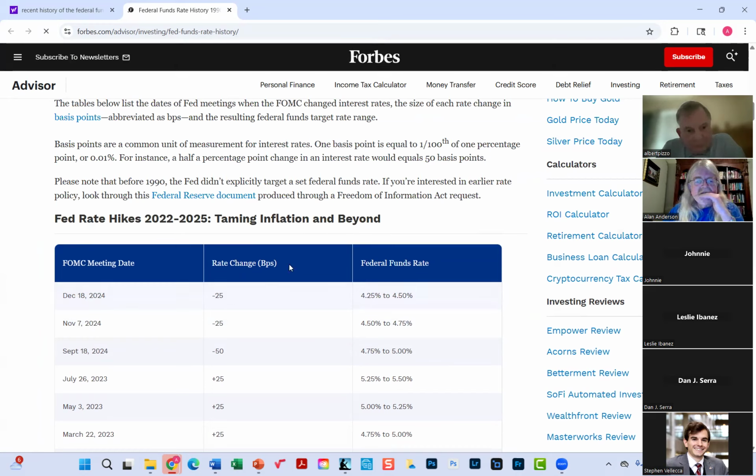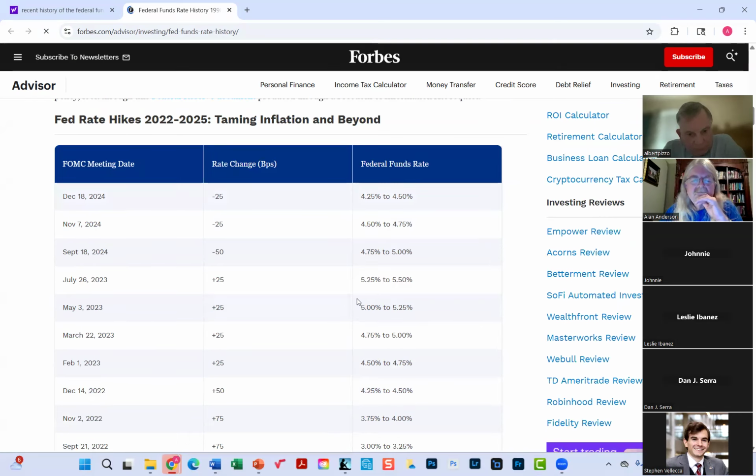It was lowered by 25 basis points, which means 0.25%, by the way. And so it's a range right now from 4.25 to 4.50. So if the rate drifts outside of that range, then the Fed steps in and does what it has to do to adjust it back by either adding reserves to the banking system or withdrawing them.